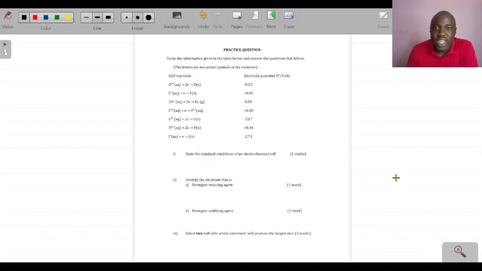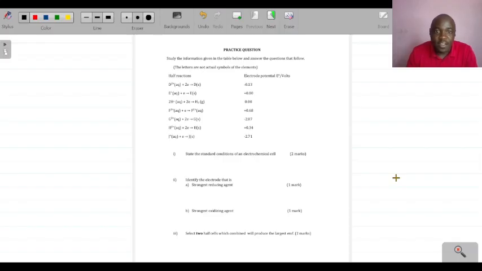Look at this question together, see how we can be able to apply the knowledge you have acquired to solve an examination scenario. So we have been given a question here.